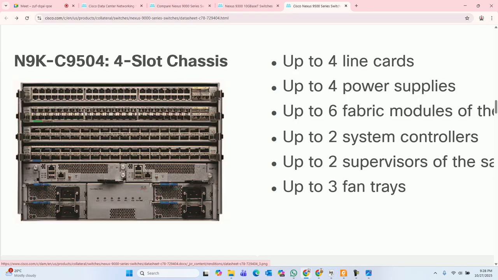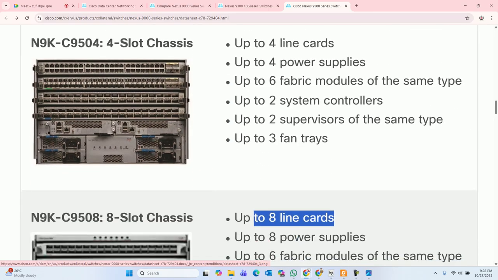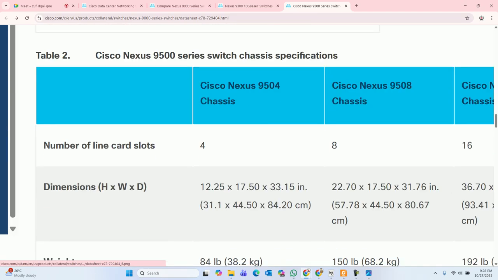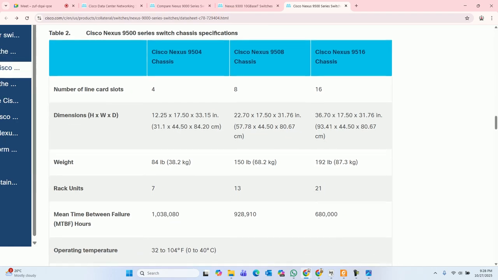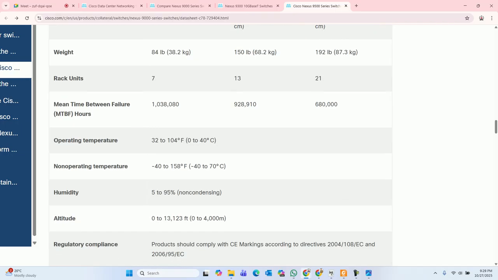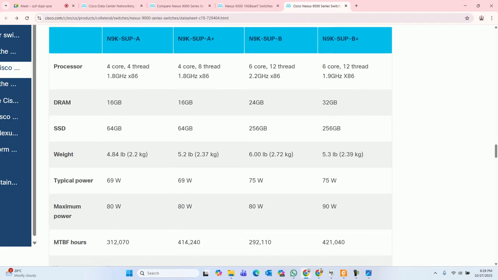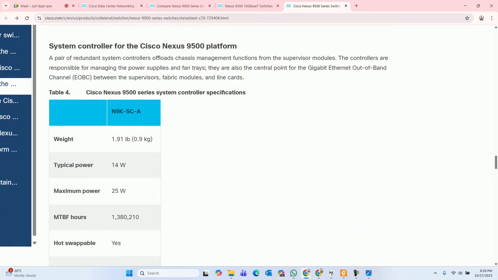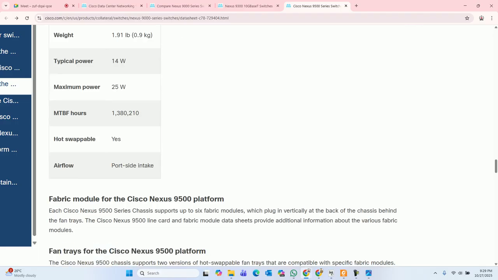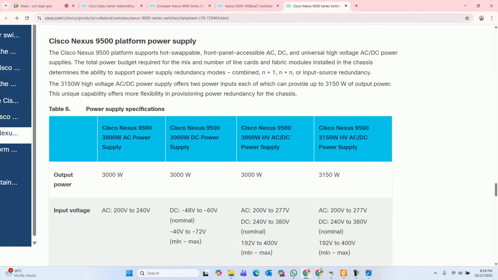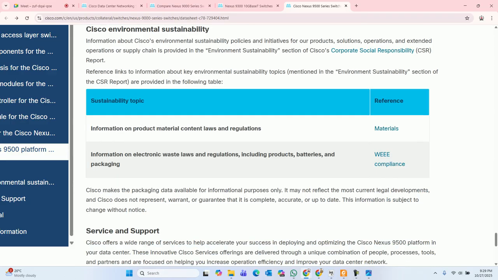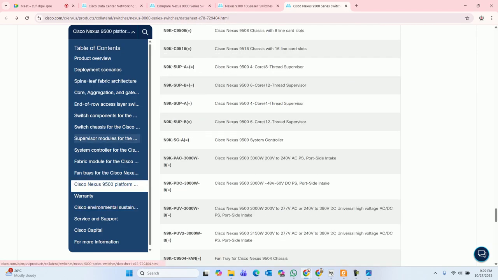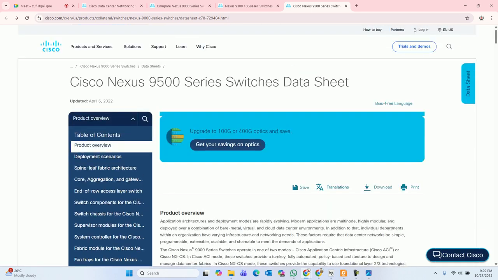So it totally depends on the line card and on the port. According to the port, you add the SFP.